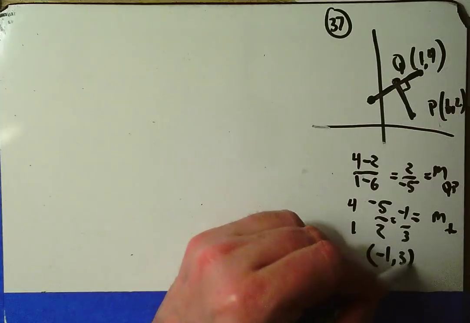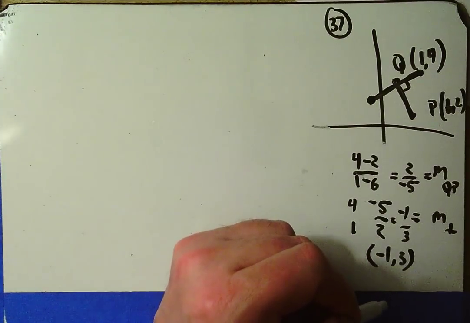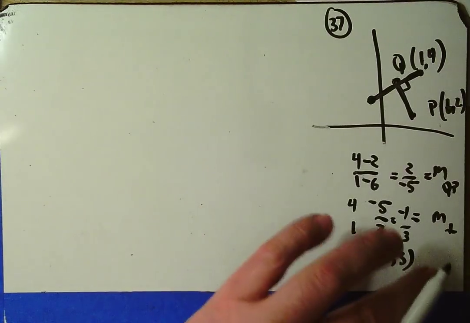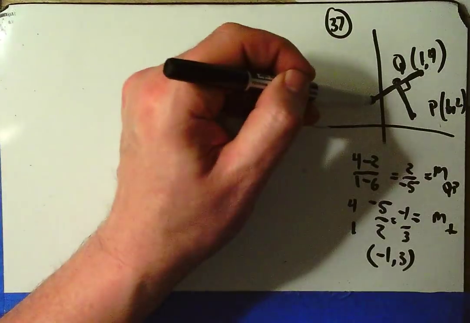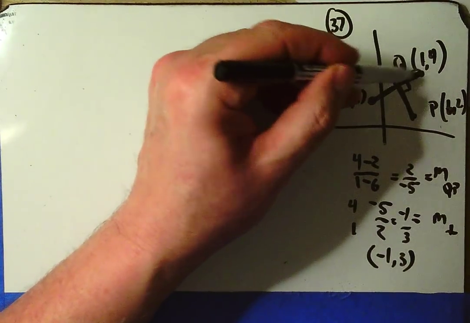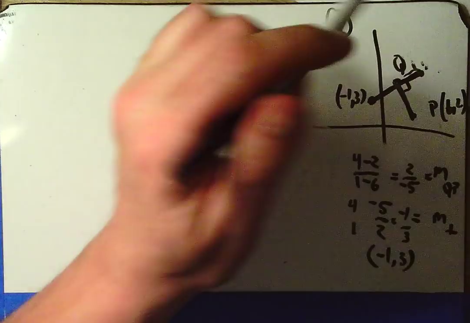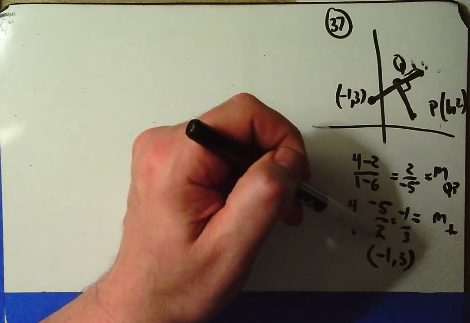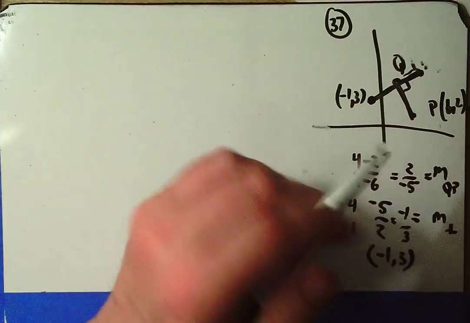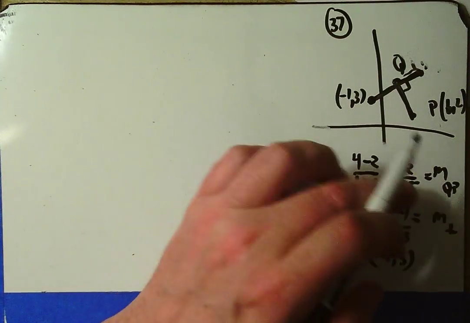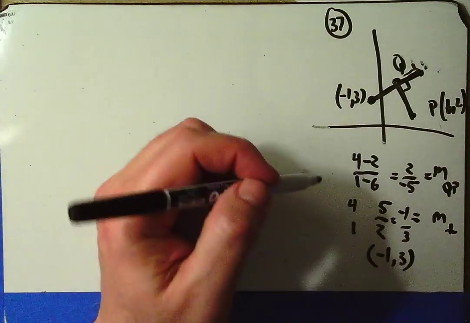Is negative 1, 3 an ordered pair? No. What if I go in the opposite direction? My slope has to be the opposite reciprocal. Oh, I was supposed to flip the sign as well.